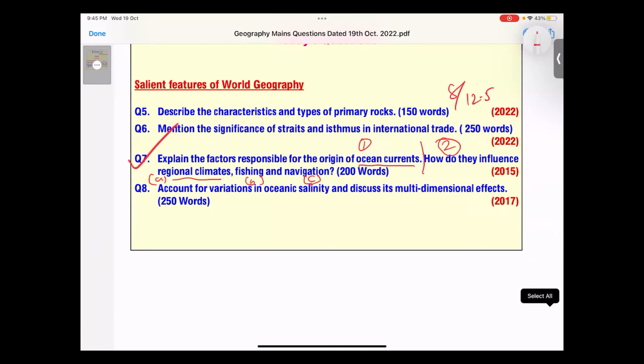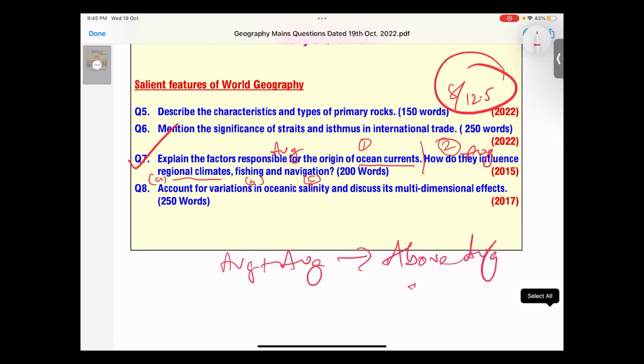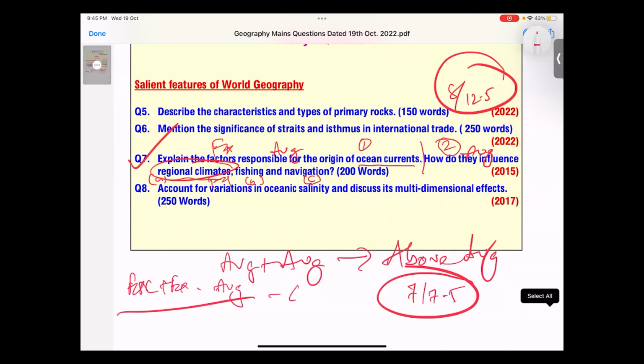So if you write an average part 1, an average part 2, and in part 2 you address all 3, then average and average actually becomes an above-average answer. And if you don't get 8, at least you'll get 7 or 7.5, because you have answered all dimensions of the question. But if you write an excellent part 1, and in regional climate you write an excellent answer, excellent plus excellent, even then it becomes average, and you may get only 6 marks because you have not addressed the 2 other dimensions.